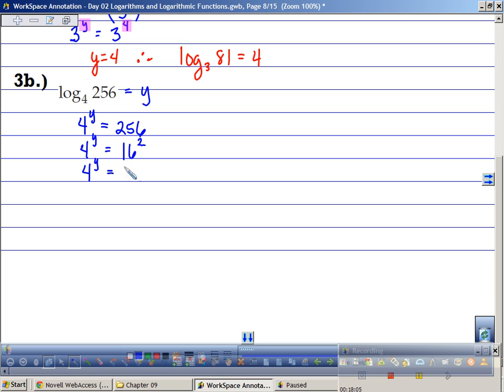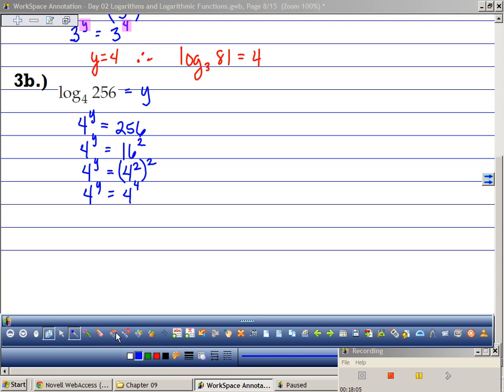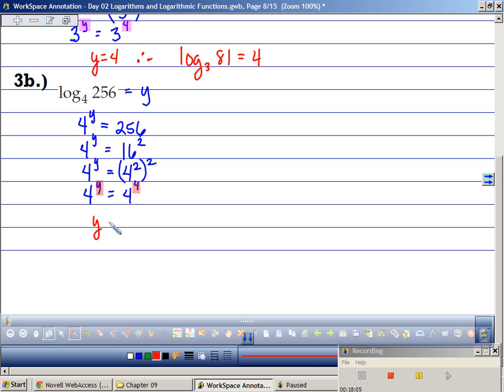Because what's the square in 16? 4 squared. So 4 to the y equals 4 to the what? 4. Therefore, y equals 4 again. Is this going to be common? No. Y equals 4, therefore, log base 4 of 256 equals 4.